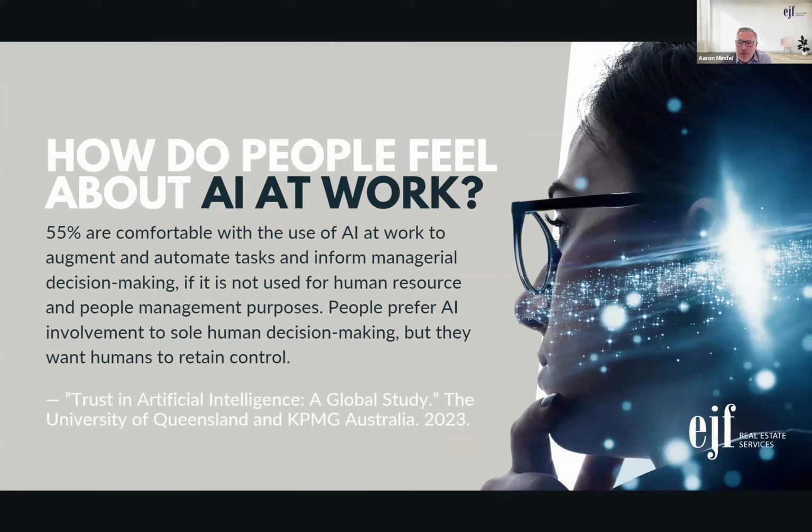Okay. So according to a study by the University of Queensland, as well as KPMG Australia in 2023, 55% of people are comfortable using AI to automate and inform, but they still want human involvement in the process. So what does that really mean? It means we are early, albeit in a quickly evolving process, adopting AI, right?